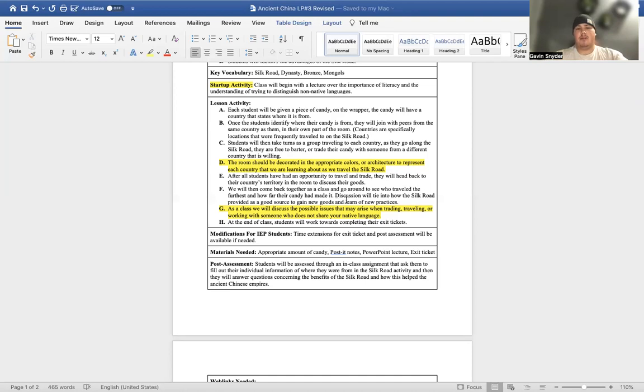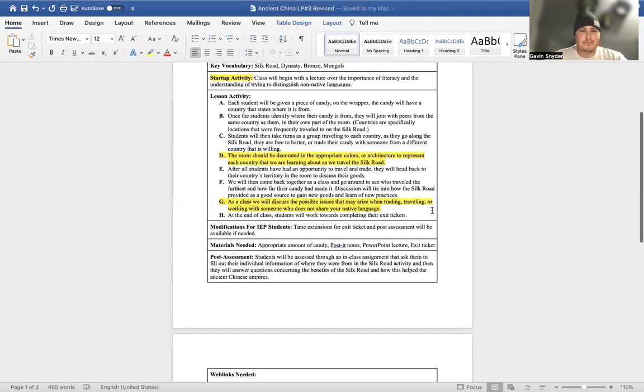It was cool to see how far something had traveled, and we related that to the Silk Road and what was real life about how things from the other side of the globe came all the way from here to there. It was a good way to represent how things were traded and new ideas and practices were learned.